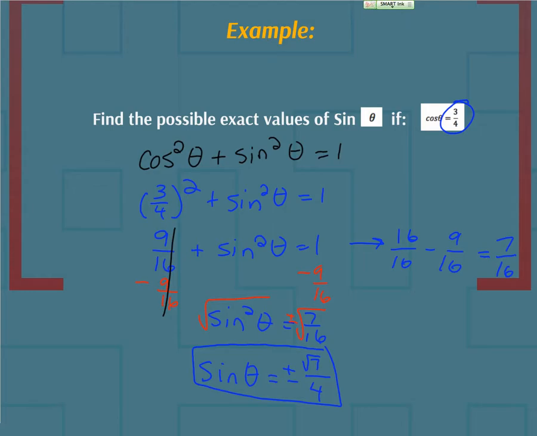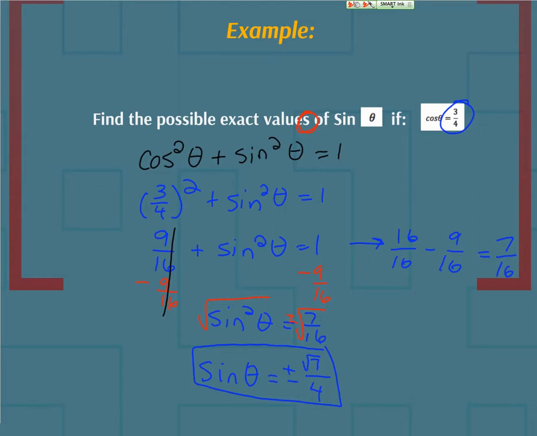And so this plus or minus here is why it says exact possible values. Because remember we talked about how those values sort of repeat themselves on this unit circle. And we don't know if it's going to be a positive or a negative. There's no information in this problem that tells us if it's going to be in quadrant 1 or in quadrant 4.